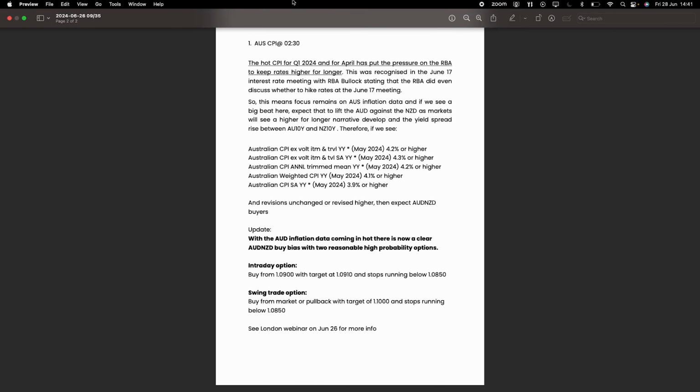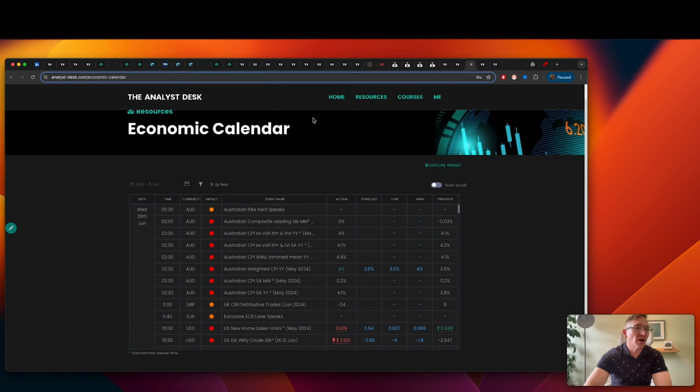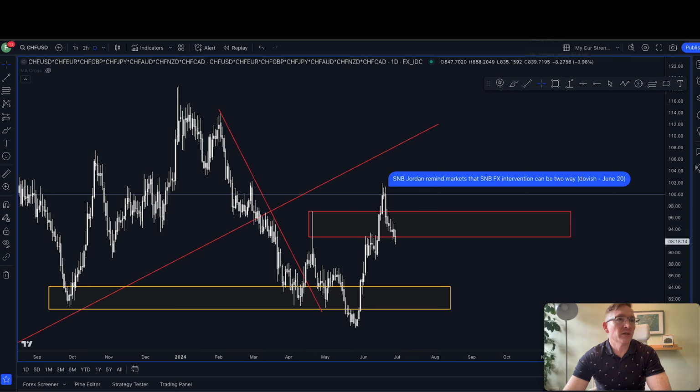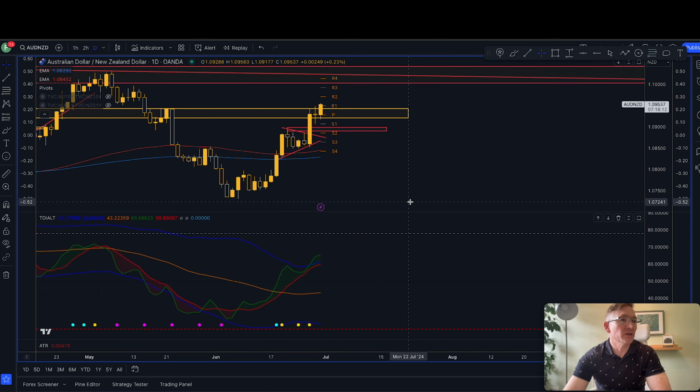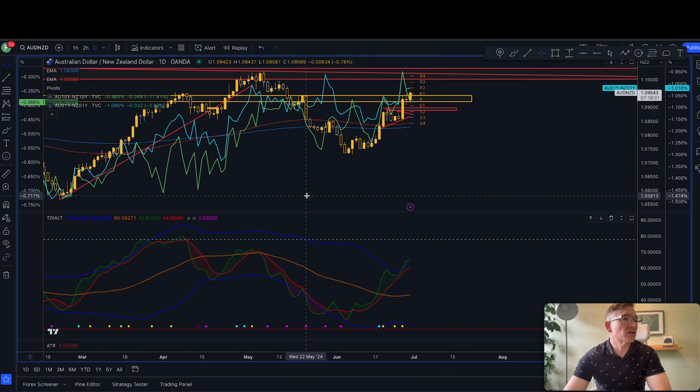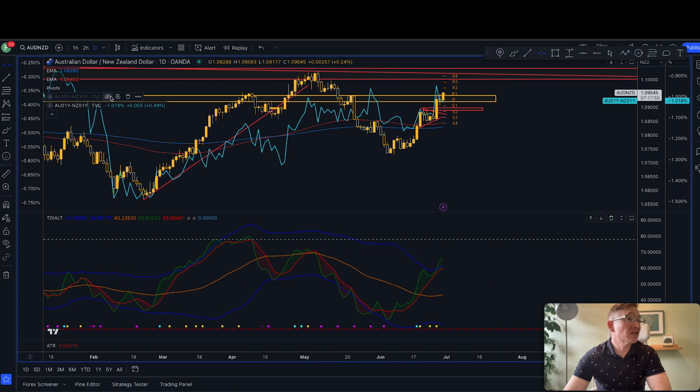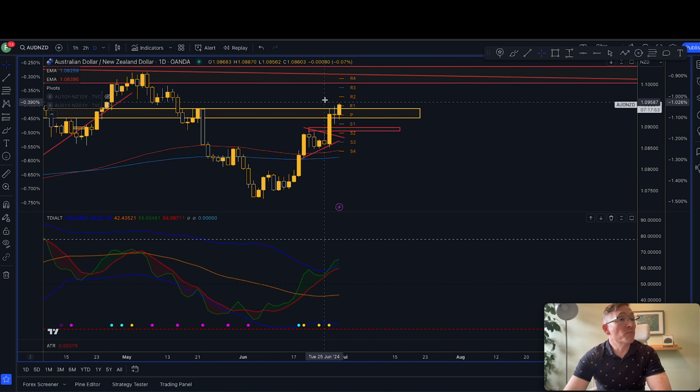So that's why we're looking at these opportunities, because when we see a high probability opportunity like we got here with the Aussie New Zealand dollar, so that big move higher, looking for a pullback to that 1.0900 or at market on the day after the event, and you can see the yield spread just ticking higher on expectations, it's reasonable to have a target of 100, and it's still reasonable to look for buying options from retracement to that 1.0900.